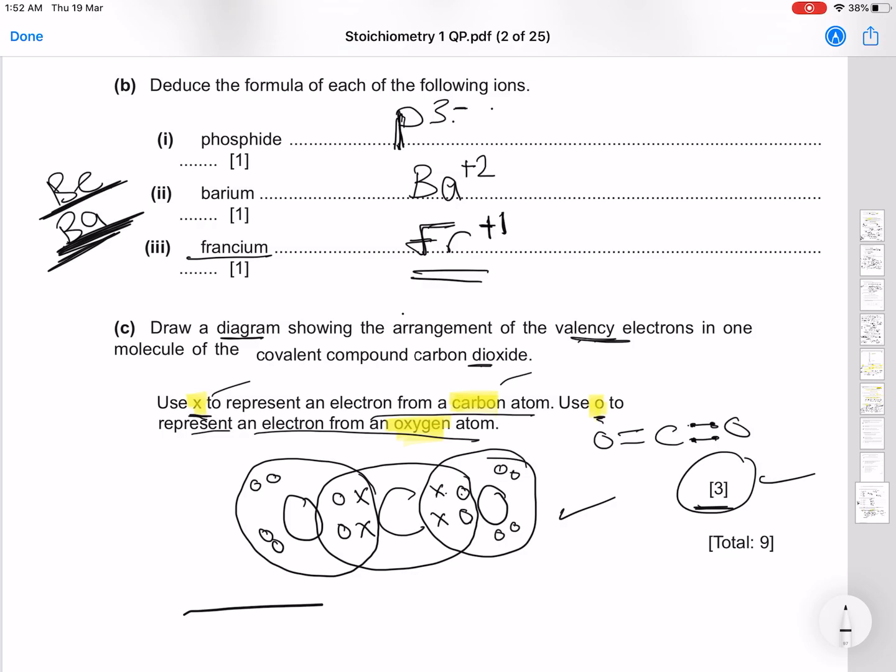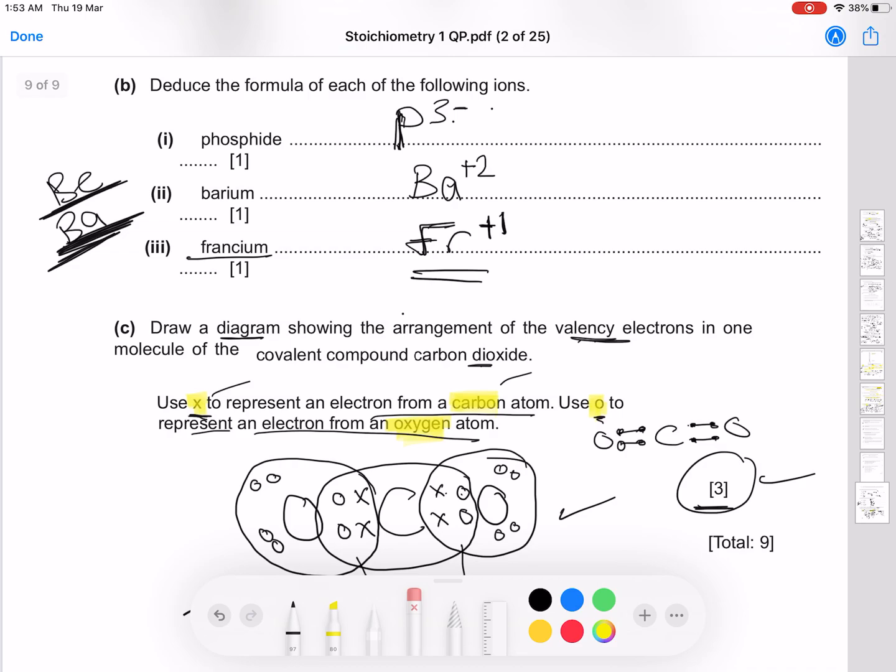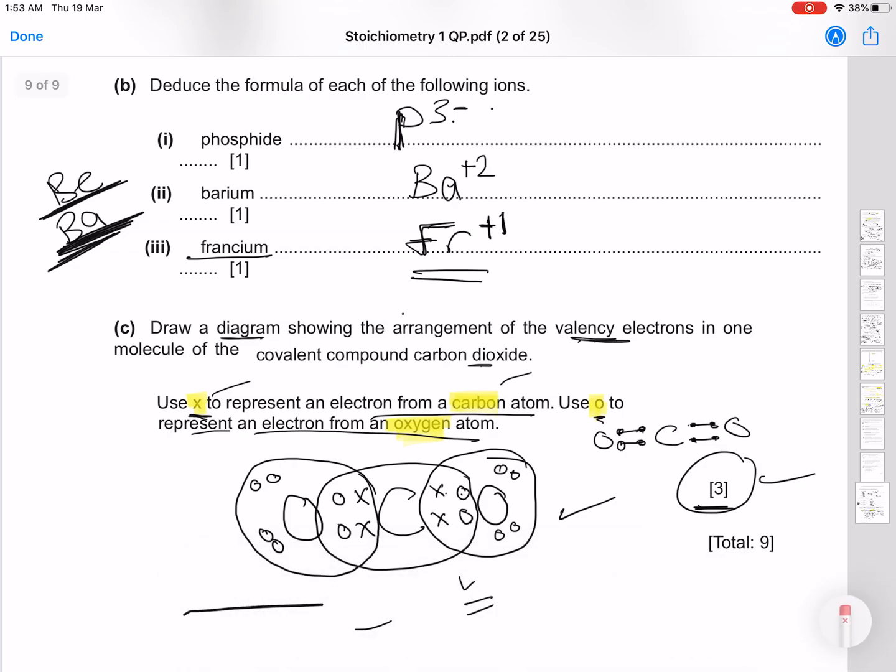This is a double bond, so I'm expecting to see 4 electrons shared over here, 1, 2, 3, 4. This is the other bond that I am seeing over here. In the Venn diagram, those common areas are the double bond. Of course, don't do that in the exam. This is just for me to explain to you.